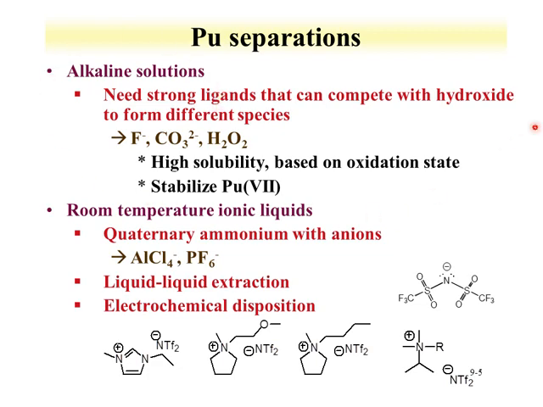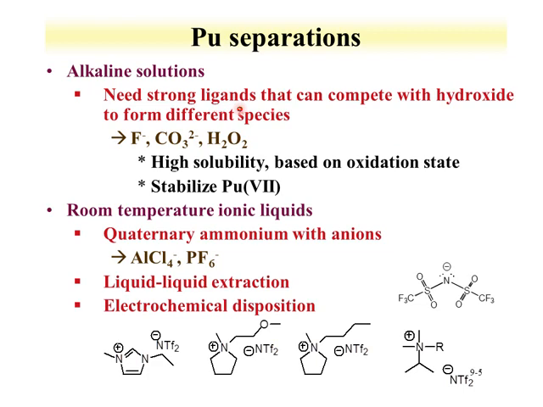Alkaline solution chemistry, often not exploited for separations, can be used with plutonium. One would need strong ligands to compete with the hydroxide formation, so fluoride, carbonate, and peroxide species of the actinides are certainly known.